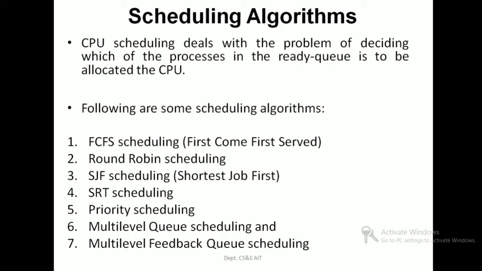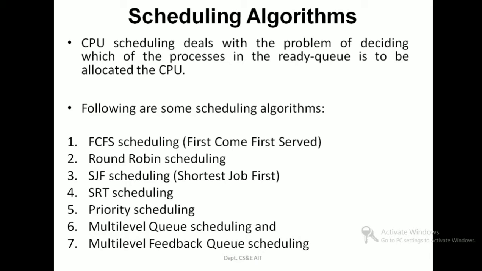We will only be implementing 2 of them, that is shortest remaining time and round robin. What are the features of shortest remaining time? What are the features of round robin? How do I calculate the average waiting time in round robin? How do I calculate the average waiting time in shortest remaining time scheduling? That is what we will address.